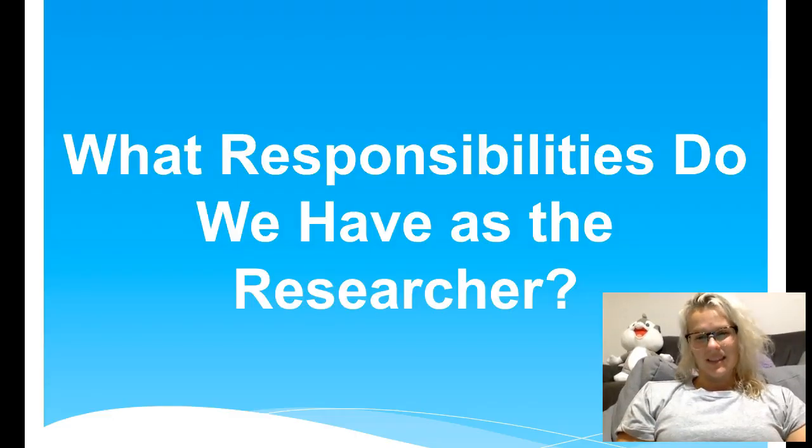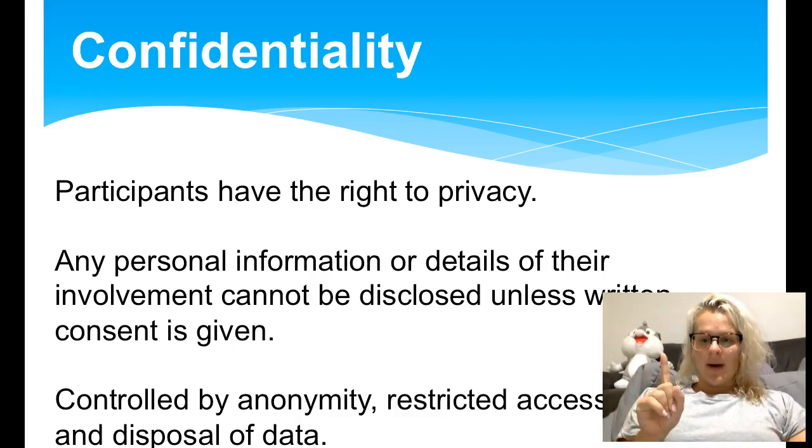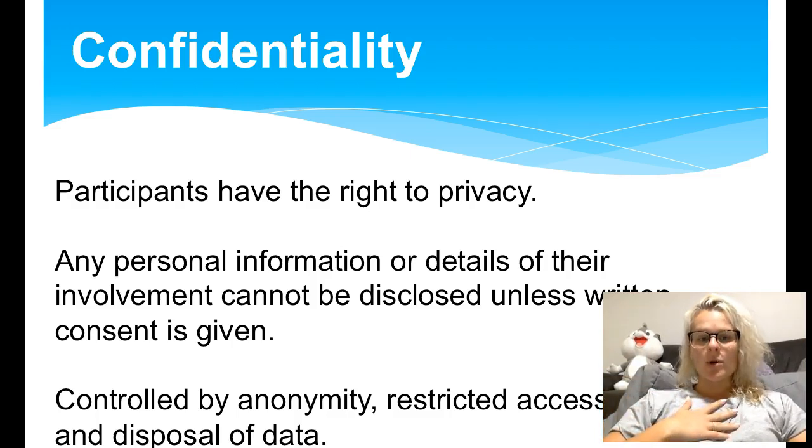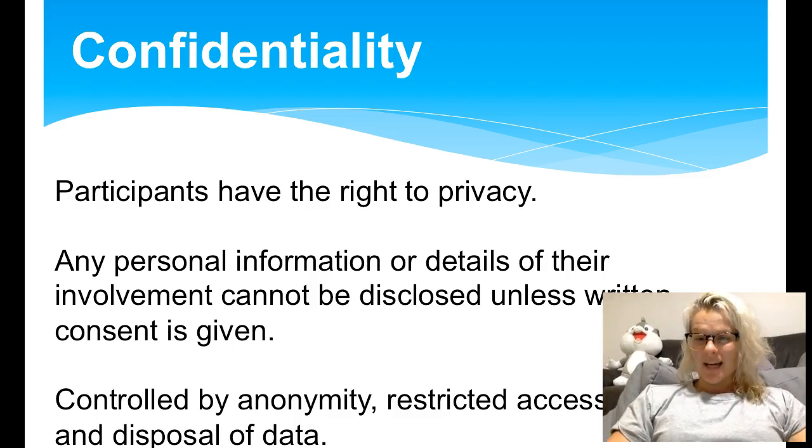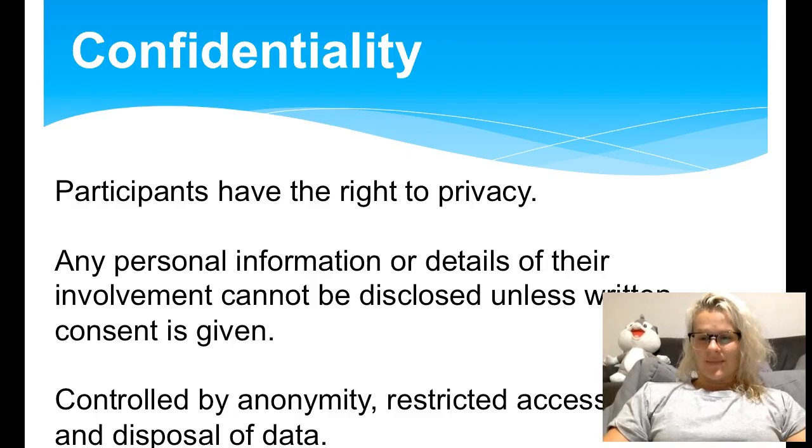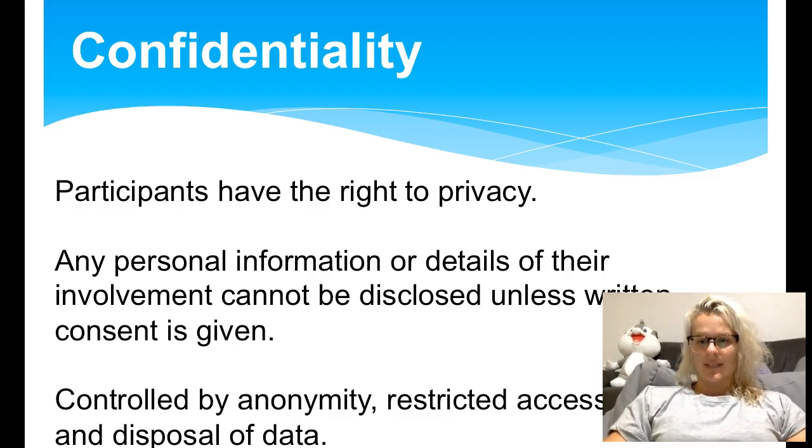So what responsibilities do we have as the researcher? Number 1, these are ethical considerations. If I'm asking you to list ethical considerations, these are the things I'm asking you to list. Confidentiality. All participants have the right to privacy. Any personal information or details of their involvement cannot be disclosed unless written consent is given. This is controlled through anonymity. I give you a participant number, and that is who you're referred to. Okay, so you are now participant 523. You are not, I don't know, Lucinda.